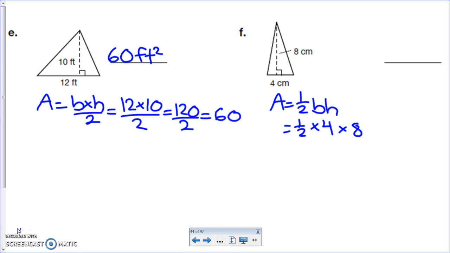Then we're going to do 4 times 8 equals 32. So now we have 1/2 times 32. And 1/2 of 32 is 16, so we get 16 centimeters squared as our area.